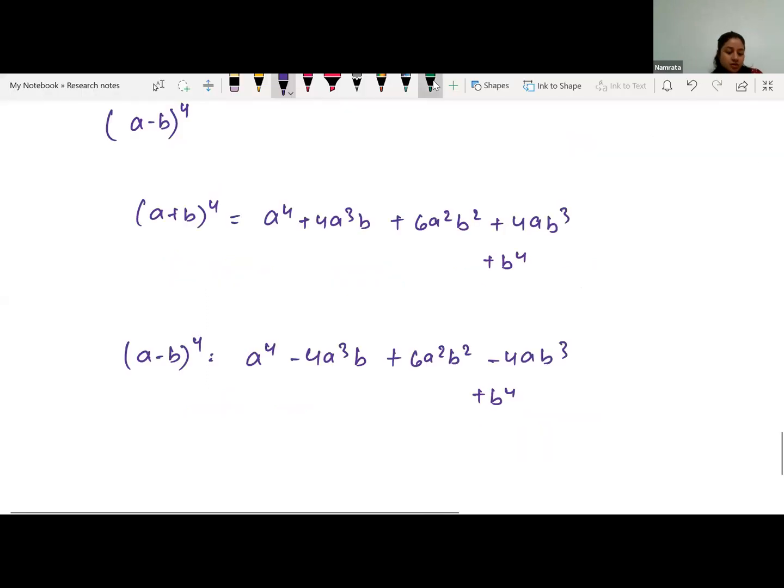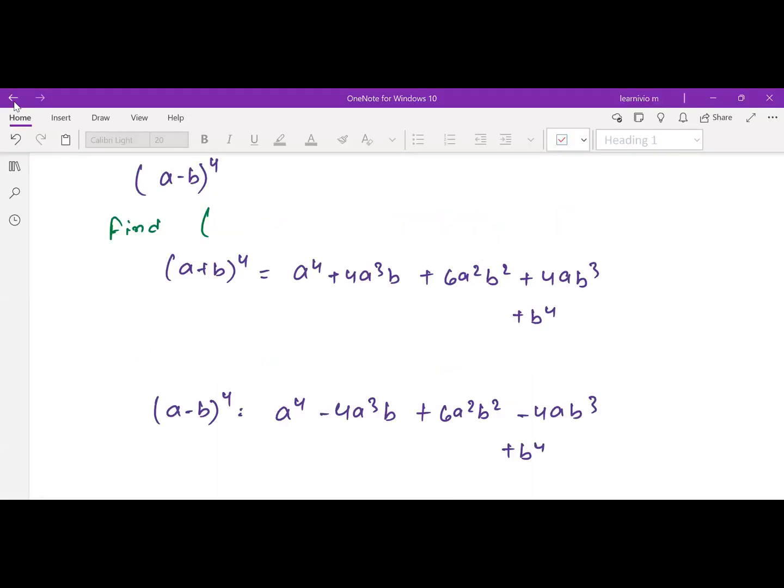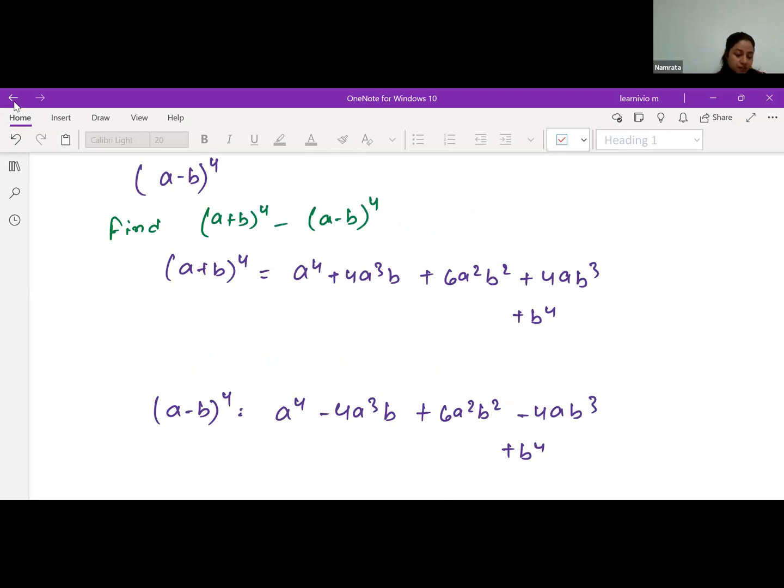Now let me write the question. Why exactly did we do so? The question says, find a plus b to the power 4 minus a minus b to the power 4.